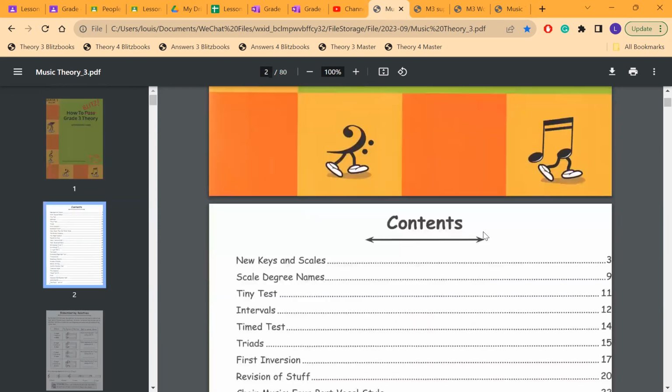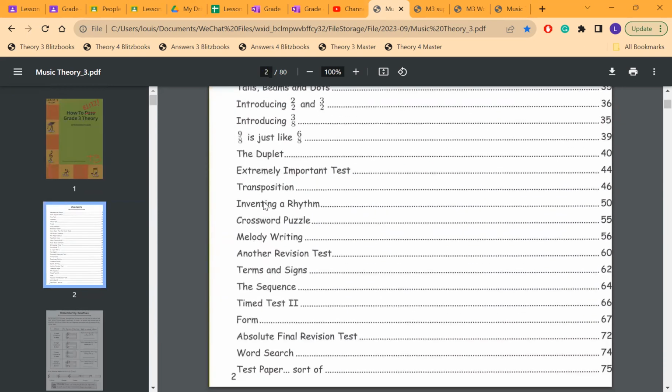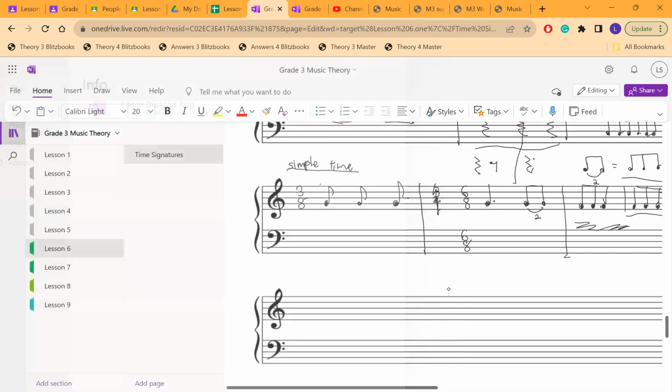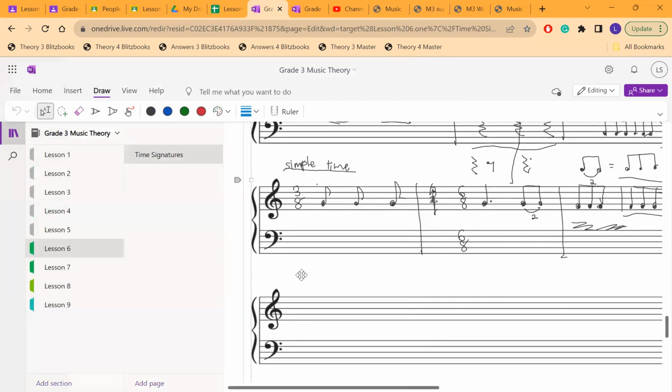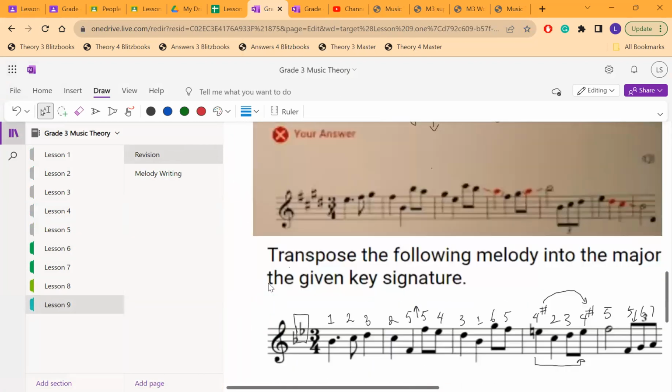Where is it? Terms and signs, page 62. Oh.